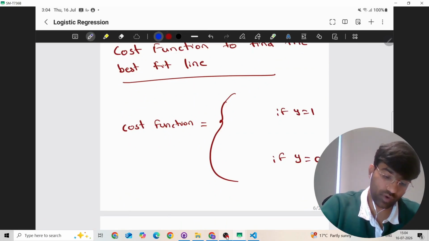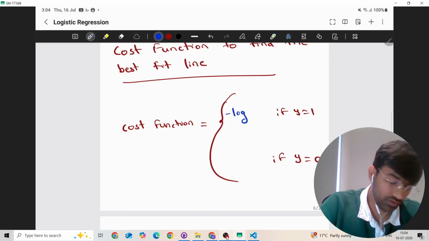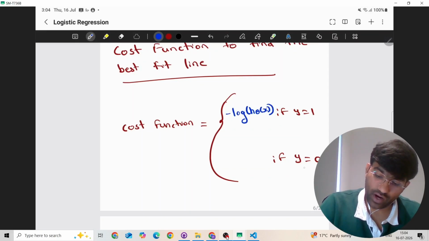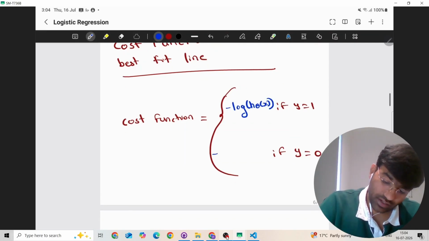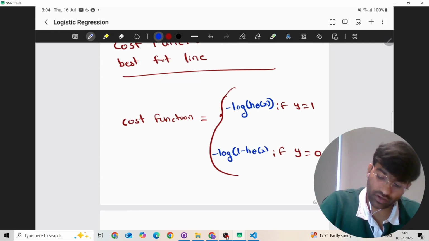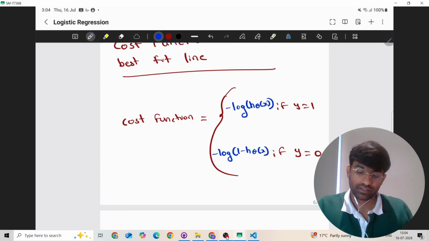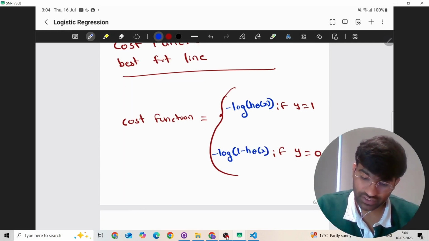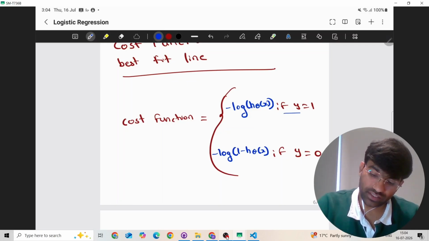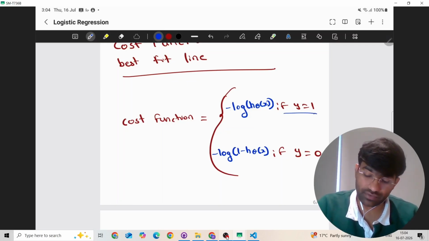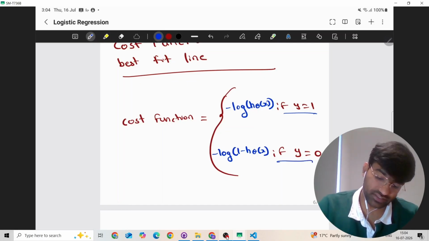If y equals 1, it will be minus log of h theta of x, and if y equals 0, it will be minus log of 1 minus h theta of x.